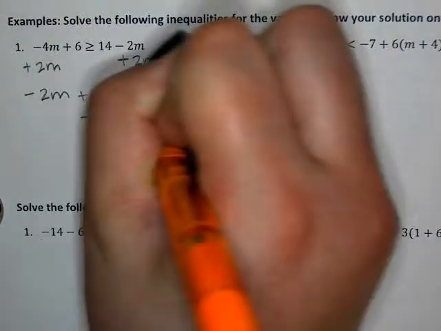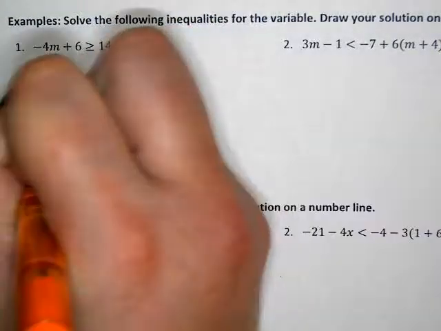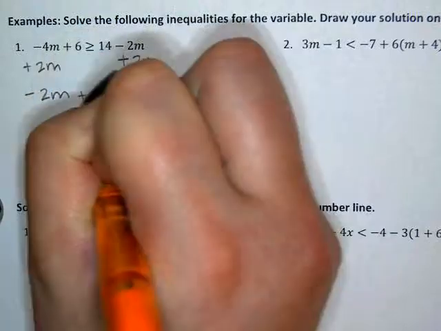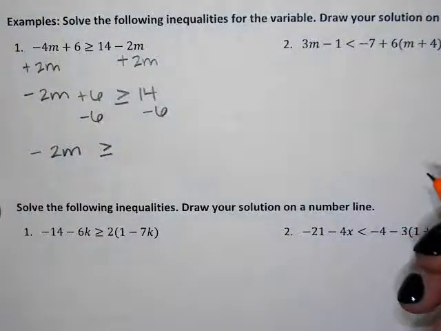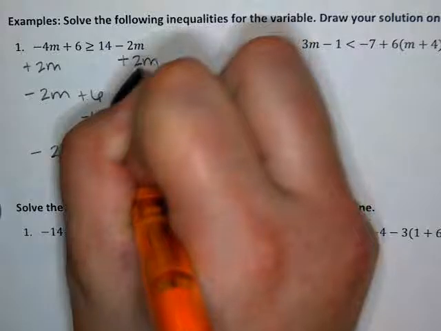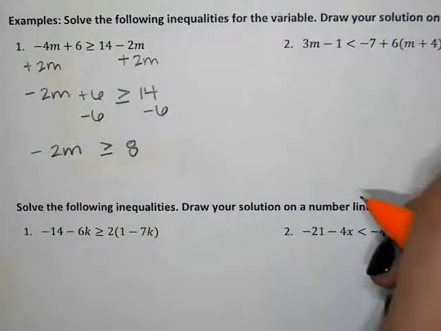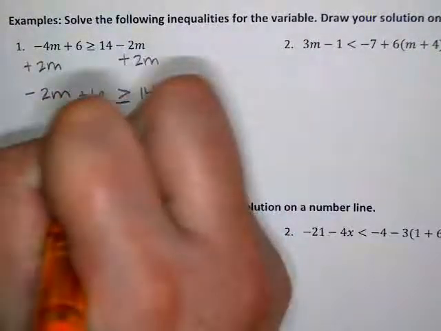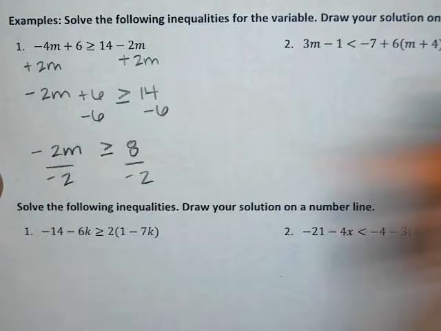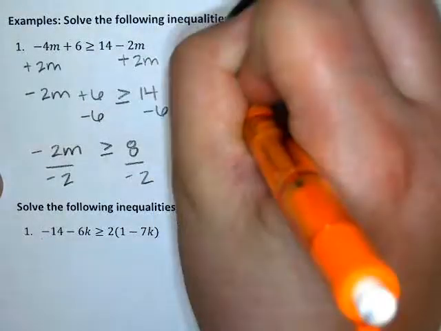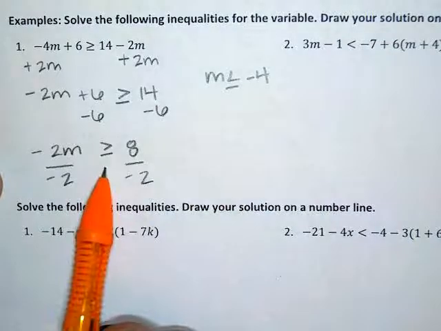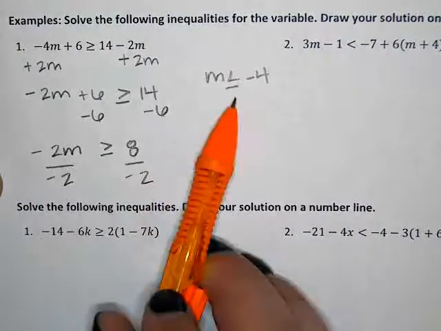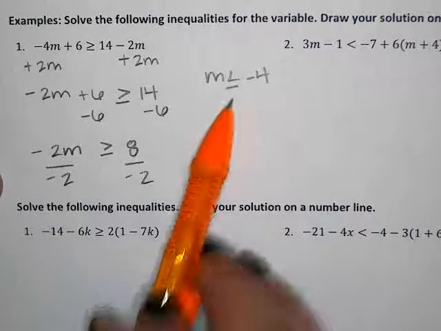Okay. -2m is greater than or equal to 8. Perfect. Okay. And then what do we do? Divide by negative 2. Okay. Perfect. And so because we divided by a negative, we just have to make sure that when we write the final answer, we flip the symbol.